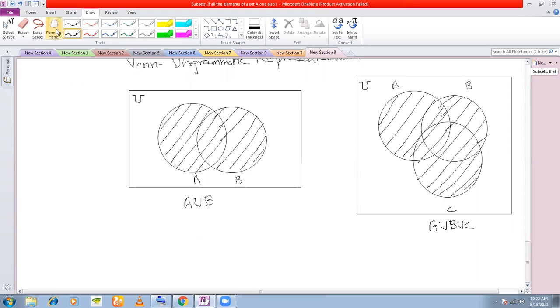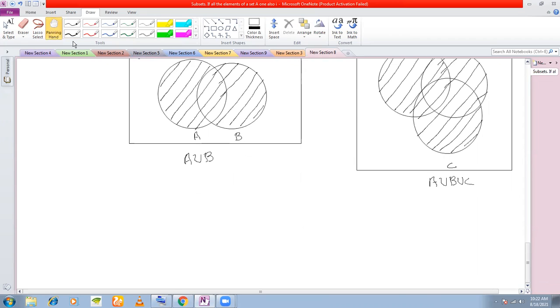Okay, next we come to the properties of union. Important properties. The first property of union is A union B is equal to B union A. Okay, this is called the commutative property with respect to union.